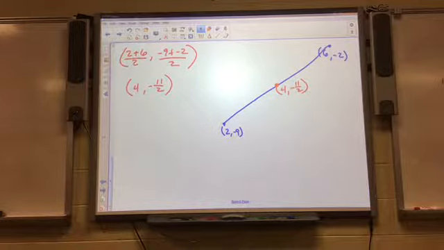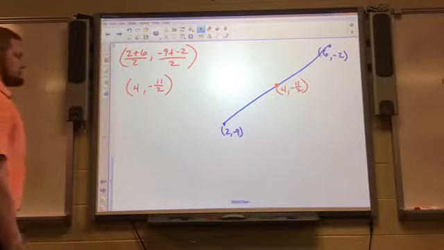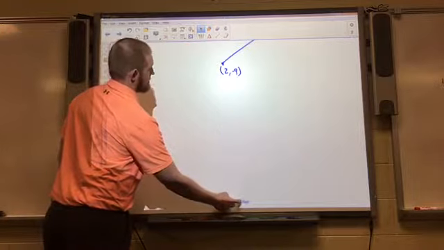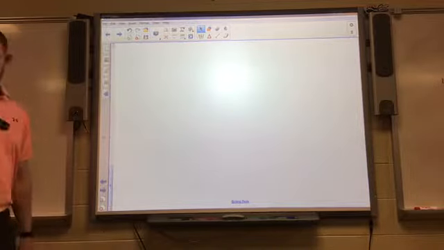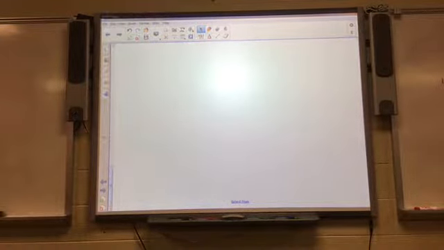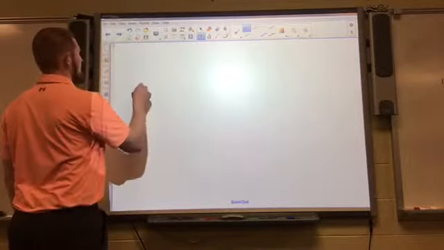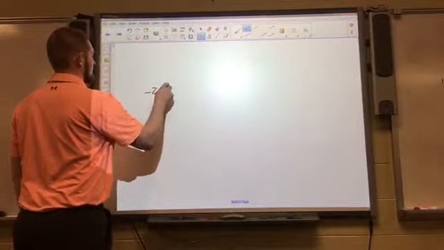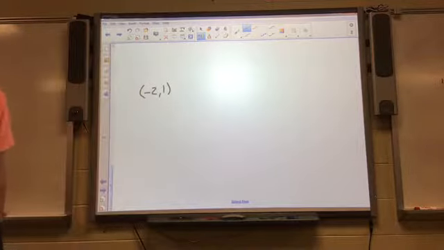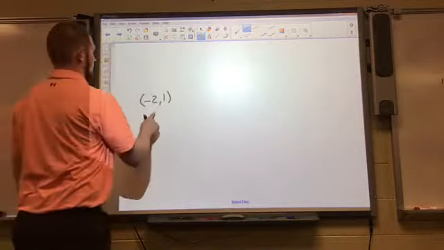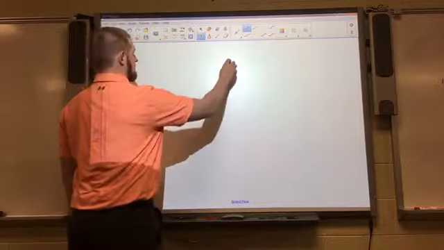Alright, the last example I want to look at is probably the most challenging one. It's not overly challenging, but it's more challenging. Okay, they want us to write an equation for the perpendicular bisector of the line segment joining negative 2, 1 and 1, 4.